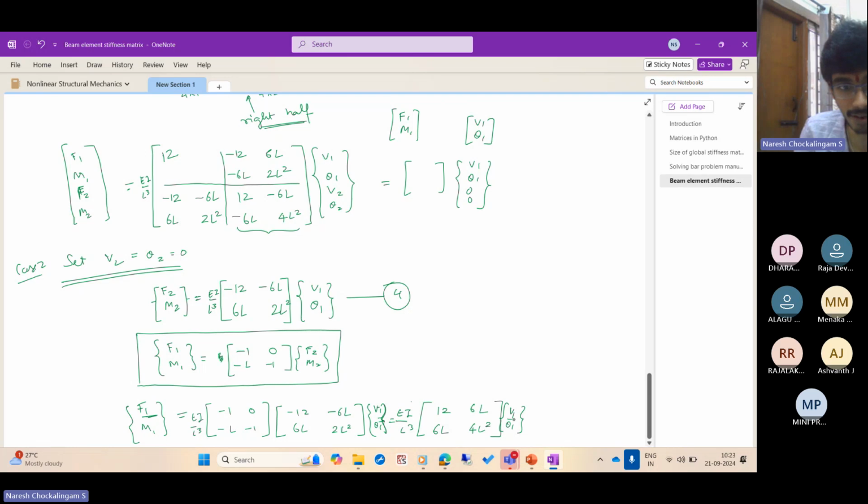Then theta 1 and F1 are related by 6L, so you have a 6L. V1 and M1 are related by 6L. And theta 1 and M1 are related by 4L square. So finally, the stiffness matrix turns out to be this, EI by L cube 12 6L.